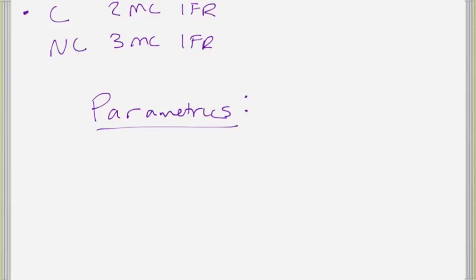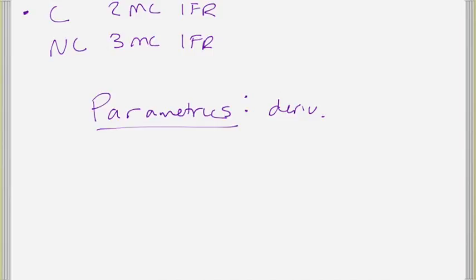Okay, so parametrics. Parametrics was our first big topic. Make sure that you can take a derivative of parametrics. When we take a derivative of parametrics, we take the derivative of each of them, our x derivative and our y derivative, and then we divide: the y derivative divided by the x derivative.